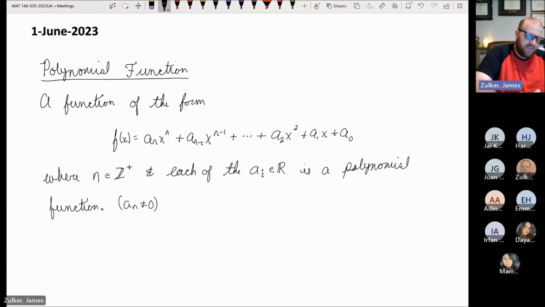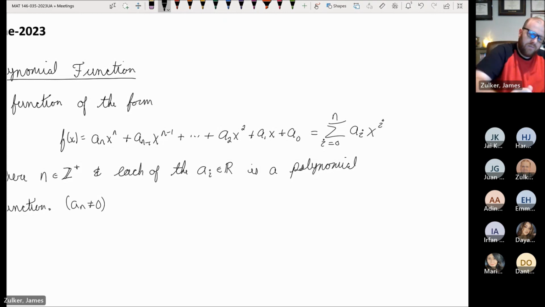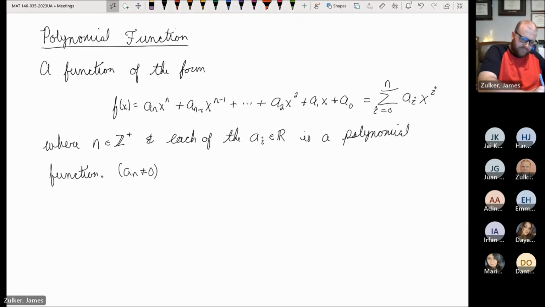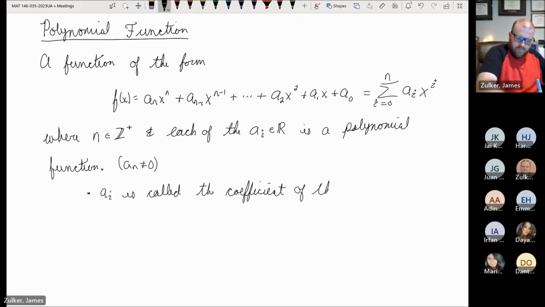Another way that you may see this written, and I'm probably going to write it this way, is just in summation notation, just so I don't have to write out all those terms. Each of the a's is a coefficient.